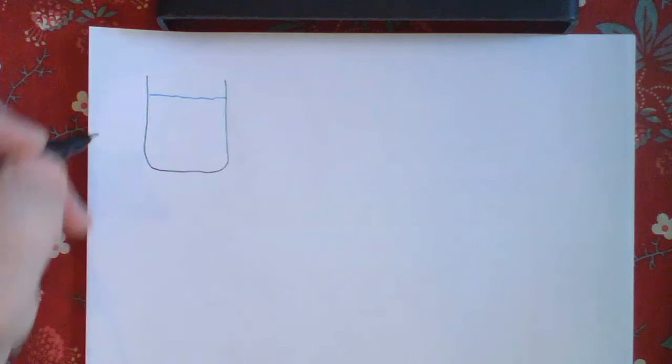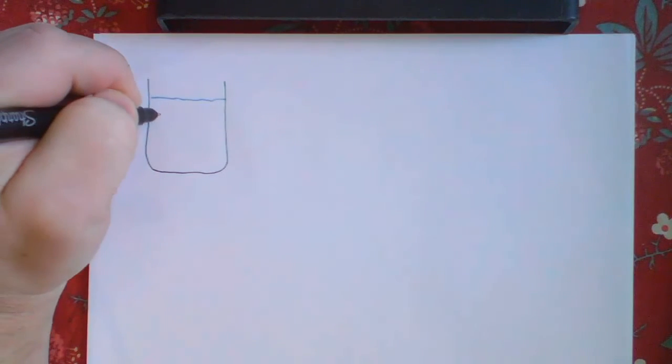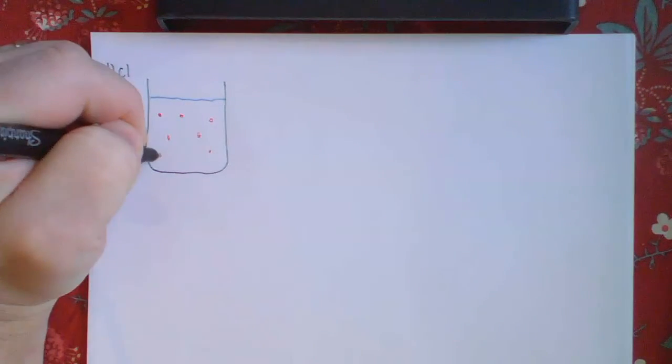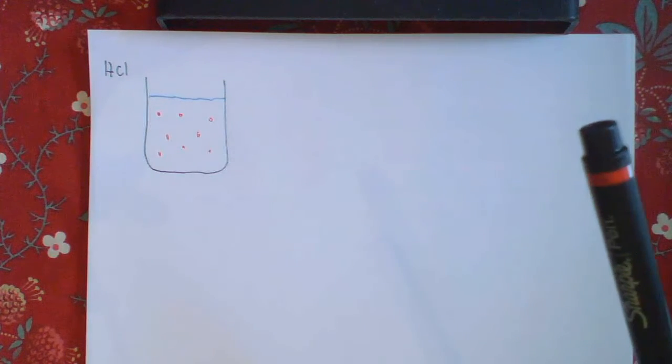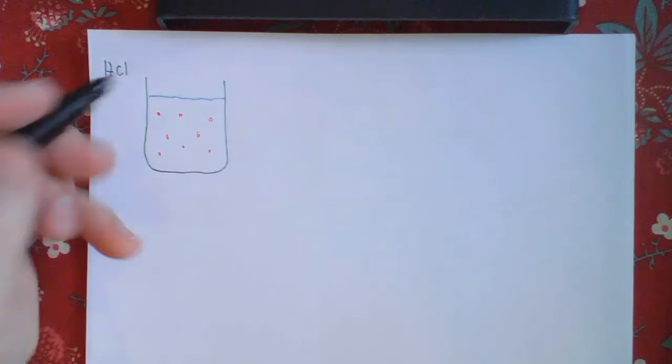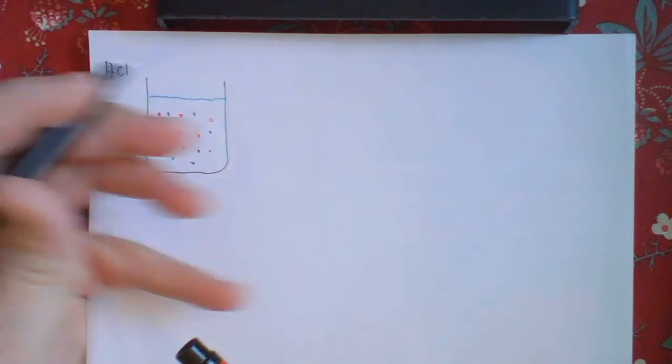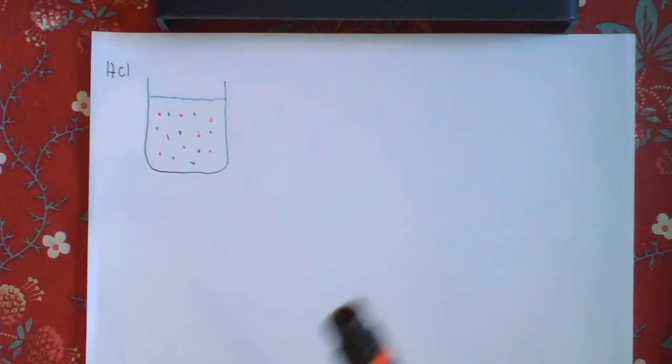We've got some hydrochloric acid, so we'll put in some HCl. And so I'm going to have my hydrogen pieces and my chlorine pieces. Okay, so I've got a beaker that contains this.